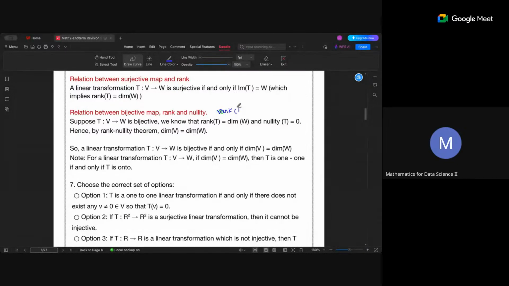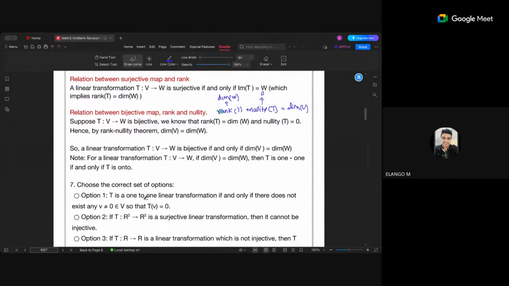Rank of T plus nullity of T is equal to dimension of V. This is the rank nullity theorem for a linear transformation. Now, if it is bijective, rank of T equals dimension of W. So this part becomes dimension of W and this part is 0. So you end up with dimension of W equal to dimension of V.